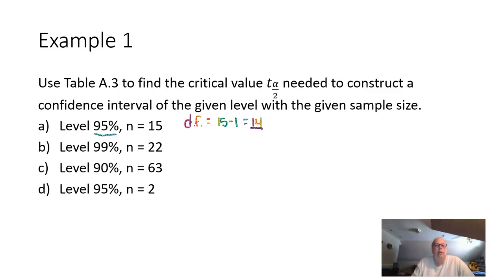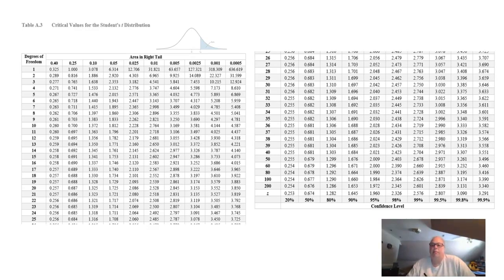So let's pull up Table A3, and I've had to cut mine in half in order to fit on the page, but yours should fit onto one page. The 95% column is the fifth column, and 14 is located right here.